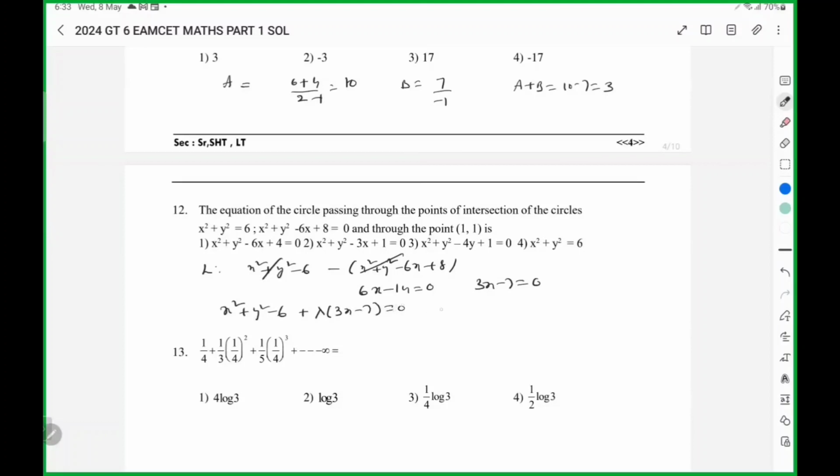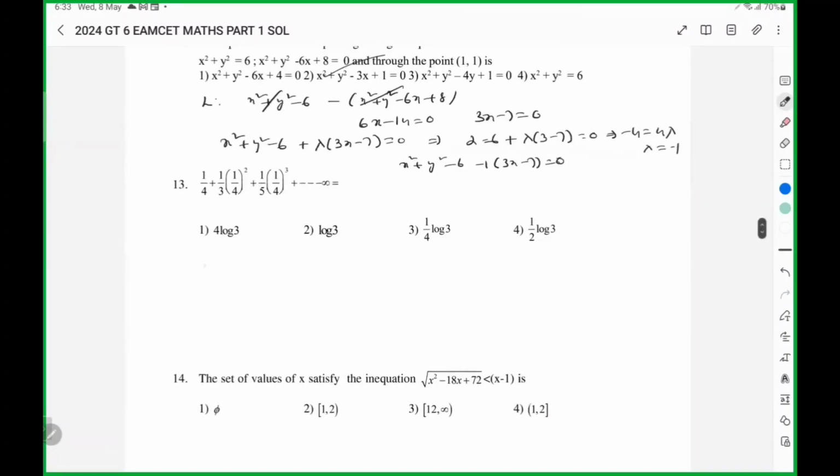Passing through 1 comma 1 means 1 plus 1 plus lambda into (3 minus 7) equals 0. Minus 4 equal to 4 lambda. Lambda is minus 1. So we'll have x square minus 6x plus 8 minus 1 into (3x minus 7) equals 0, plus 7 minus 6.